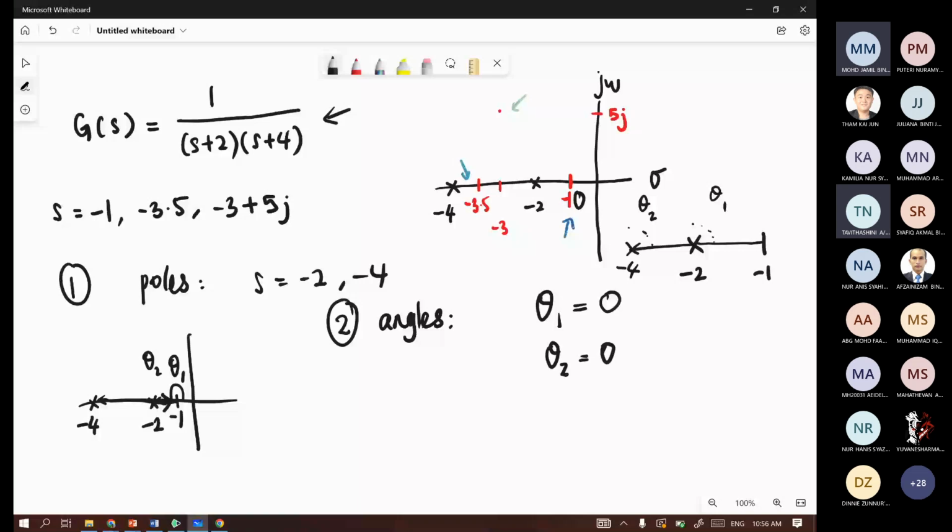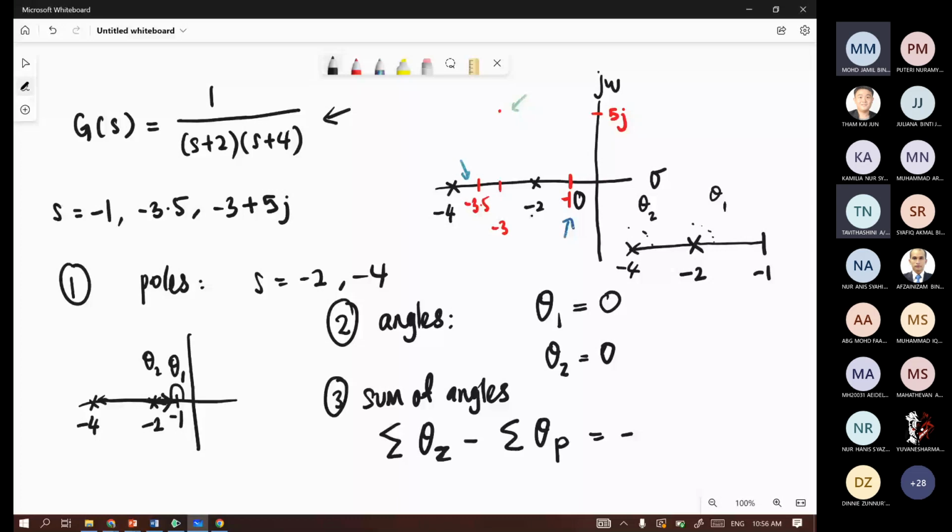Then you can find the sum of angles: the sum of angles from zeros minus the sum of angles from poles. There is no angle from zeros, so you have minus the angles from poles only, 0 plus 0. So you get 0. Zero is also a multiple of 180, but it's basically 180 multiplied by 0, which is not acceptable.